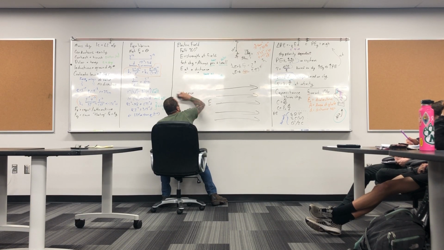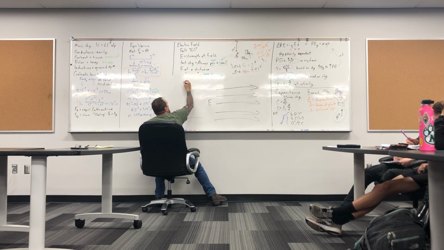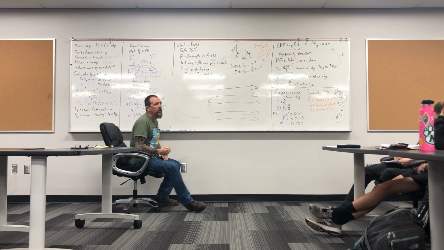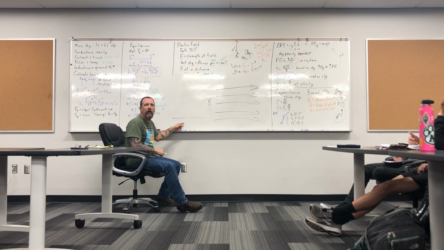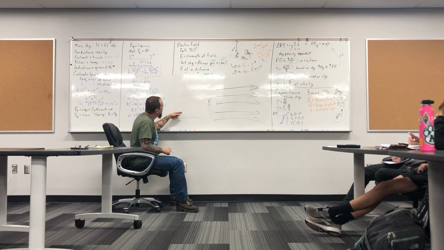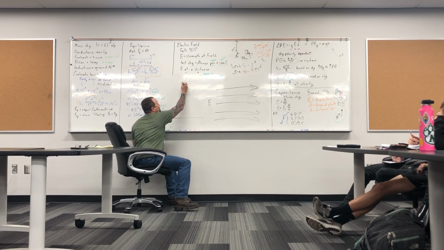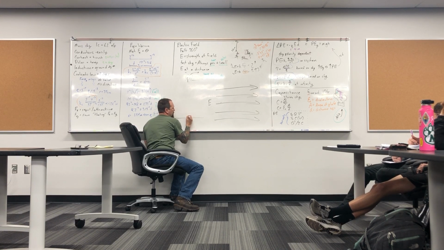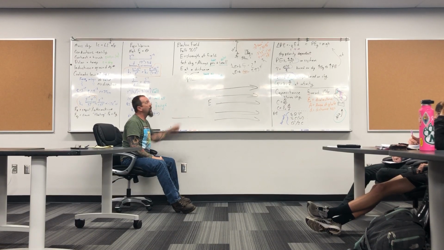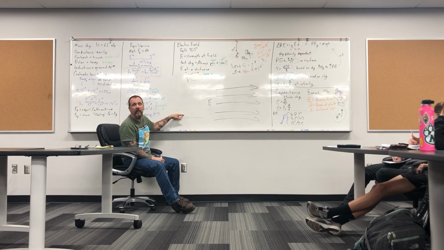Again, equating this to gravitational energy. Here's my test rock. Where does my test rock want to be? Down here. It may have potential energy up here, but by the time it gets down here, it lost a crap ton of potential energy, yes?